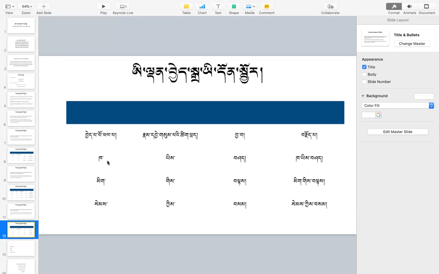So here we see the first example in which the secondary subject is ka, which means mouth. Since mouth is a component of any living being, it's a component or part of a living being.